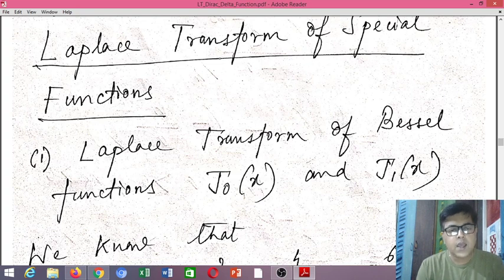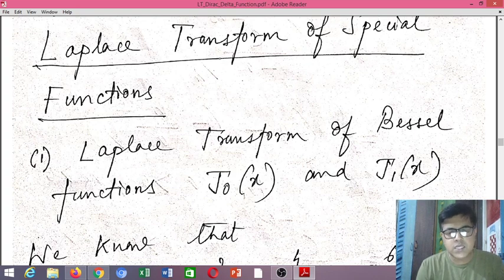Now this part I think you have not covered in your previous semester, so I just give you an idea. These Bessel functions are basically nothing but a series solution of the Bessel's equation of second order. We have in differential equations a differential equation which is called Bessel's equation, which is of the second order, and the solution of the Bessel's equation gives rise to Bessel's function of order n, that is Jn(x).